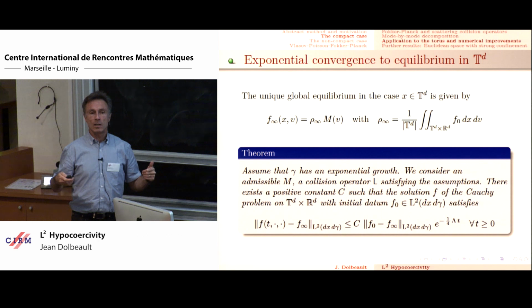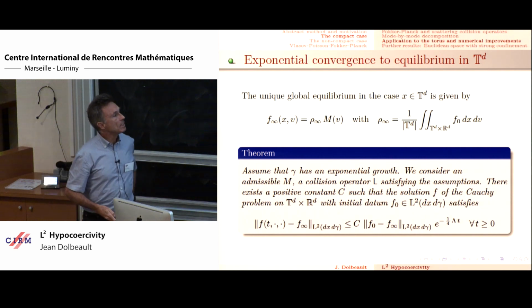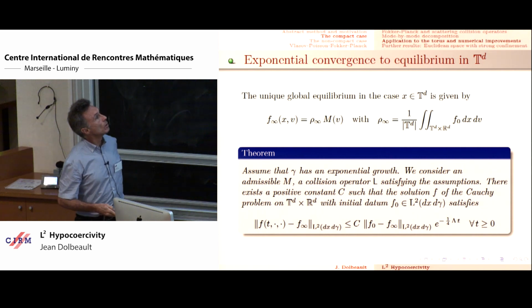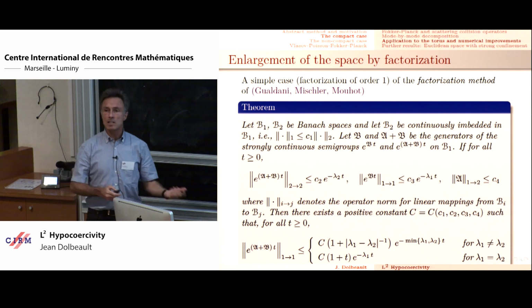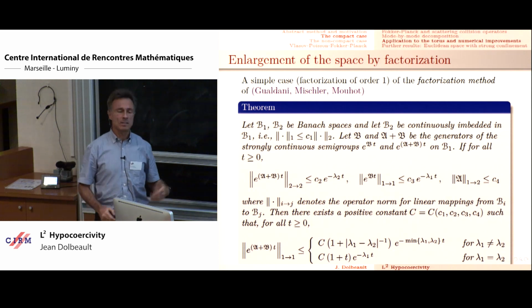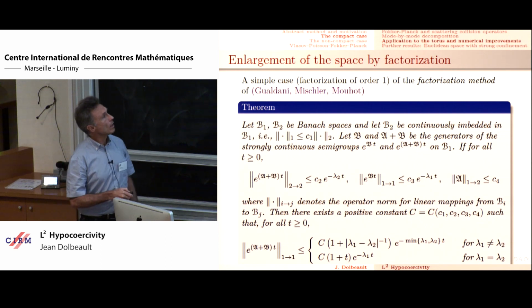So then one of the nice aspects of this method is that you can use the factorization method of Gualdani, Mischler and Mouhot. You can just actually apply a special case of this by making a nice splitting of L minus T in two operators A and B. Use some regularity properties that you have on these operators.